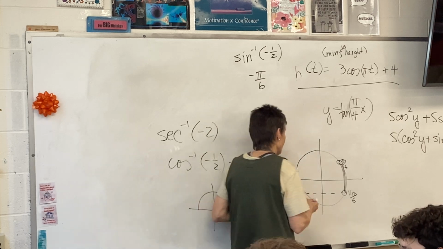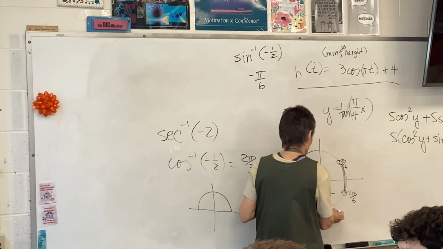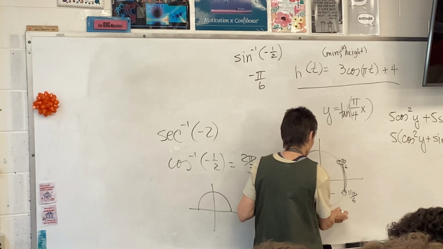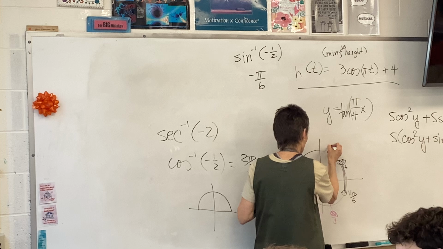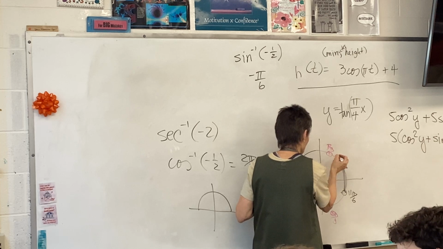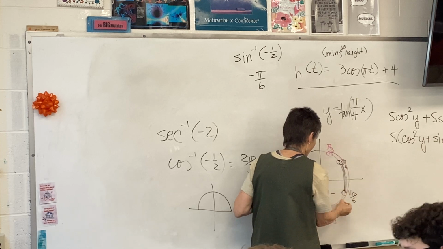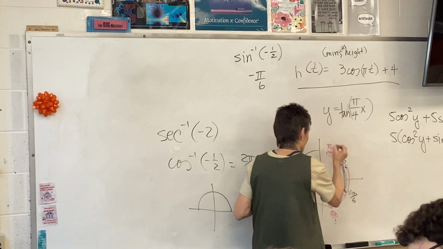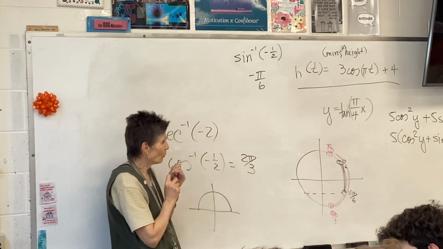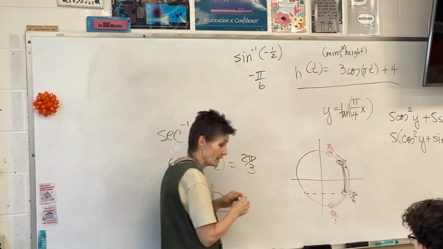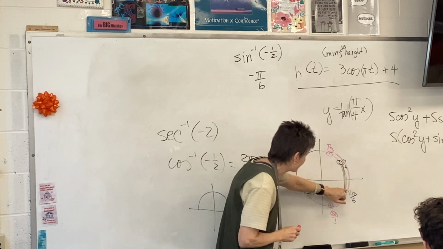You shaded from, let's say, 5 pi over 3 to pi over 3, and you shaded this part of the problem. Be careful when you write your answer. Clearly, this is the overlap, right?